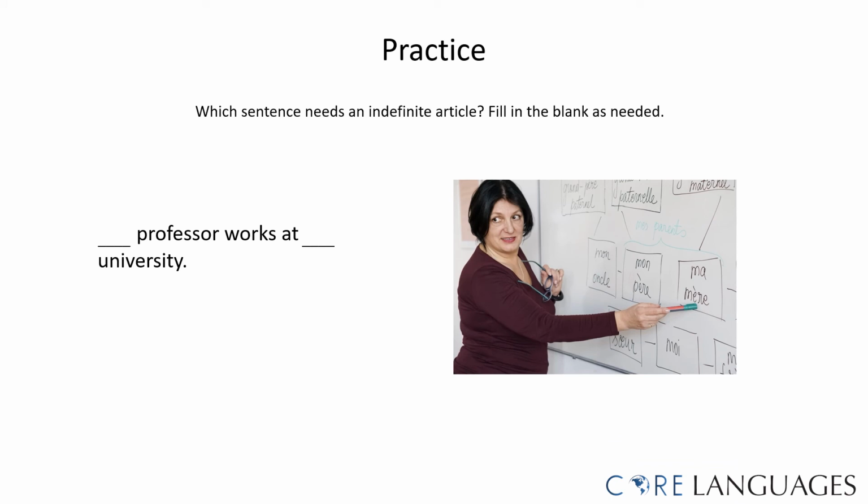Professor works at university. Very good. A professor works at a university. Even though the word university is spelled with a vowel, it begins with a consonant sound, so we need to use a.